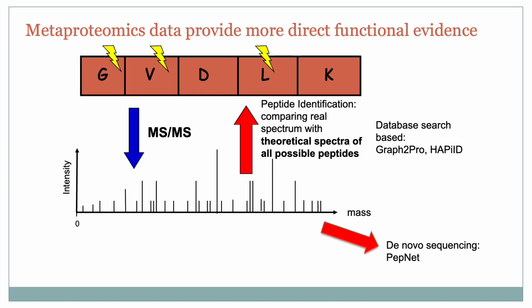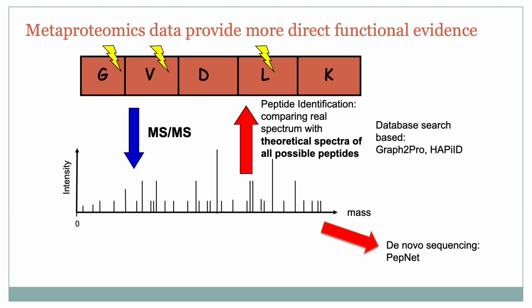A different microbiome data type we have been looking into is metaproteomics data. Basically, what we're looking at is a collection of spectra produced by mass spectrometry, and each spectrum represents a potential peptide that can be found in the proteins expressed in microbial communities.